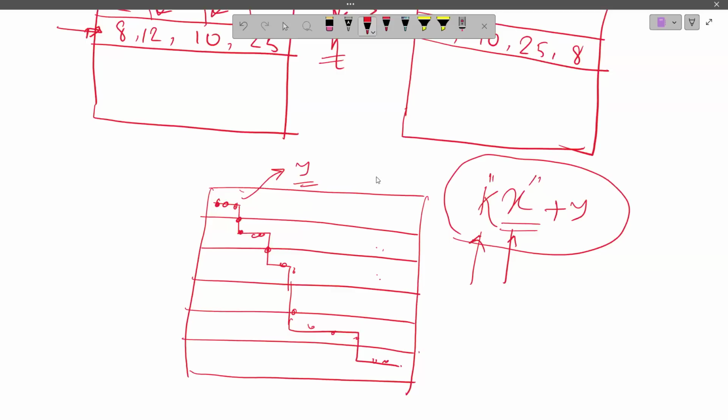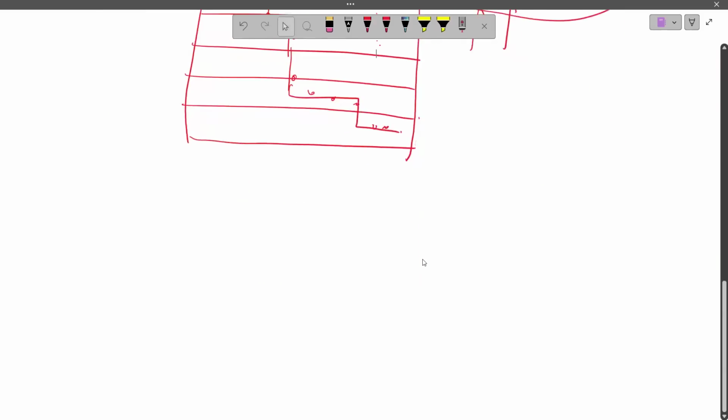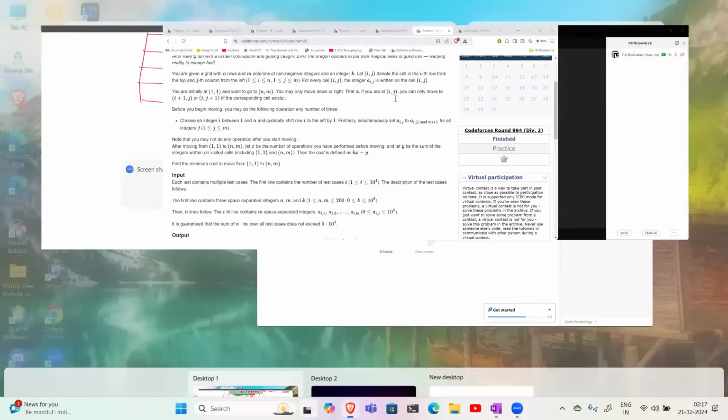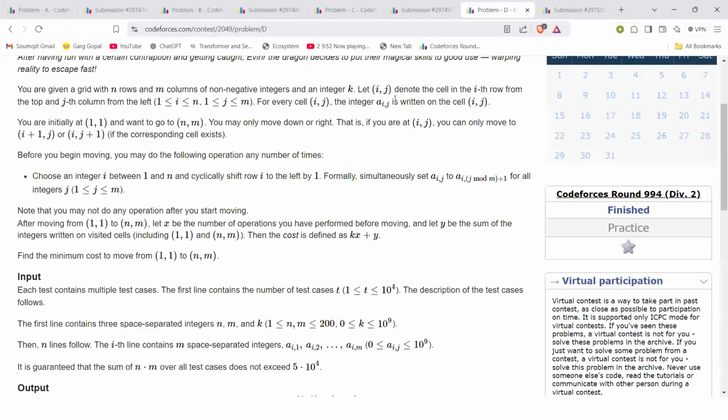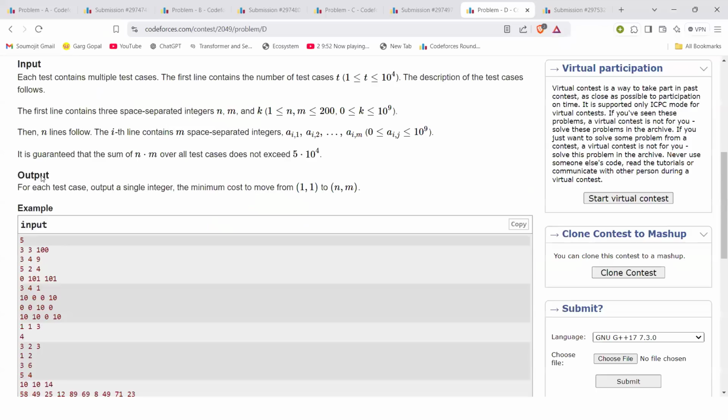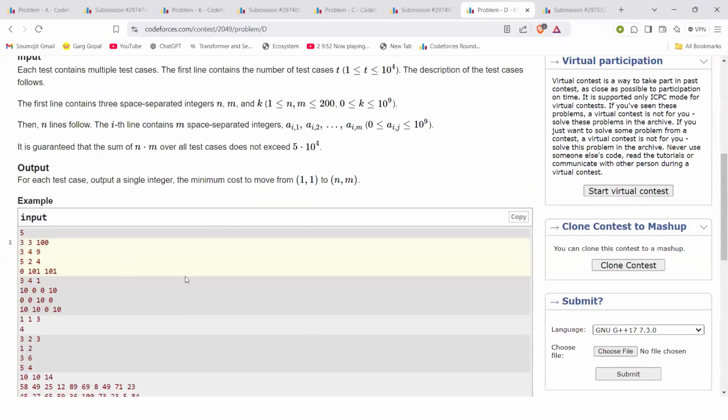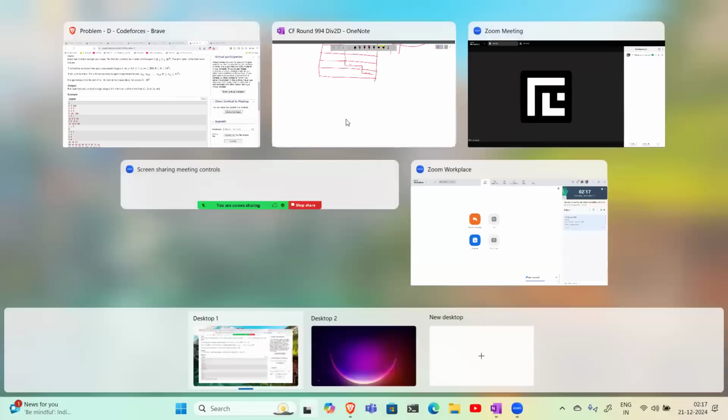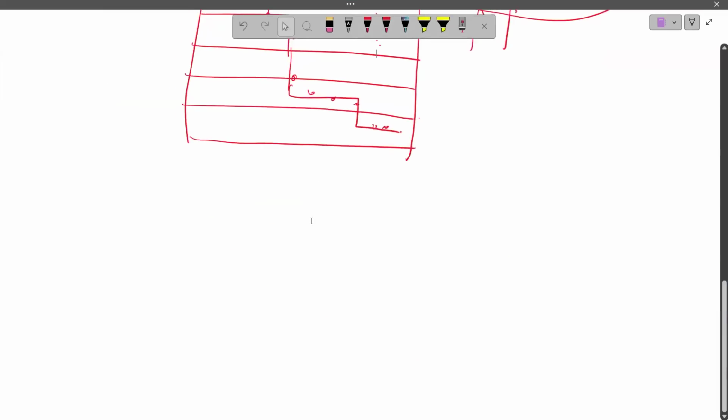Okay, let me quickly show you this through a test example so that you will understand clearly. Let us take this test case.